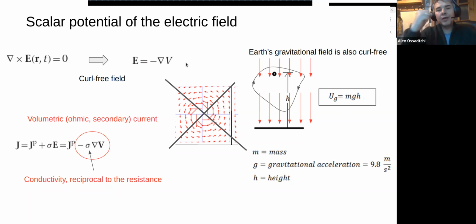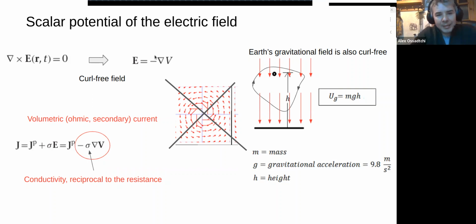When you multiply the difference of potentials by the charge, the amount of coulombs, you get the energy that needs to be spent to move this charge in the electric field.